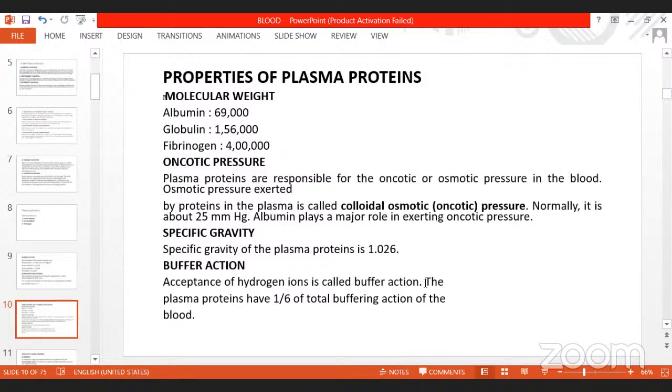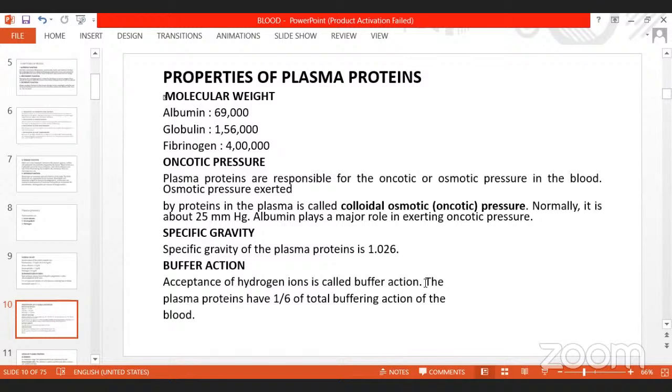And the major property is oncotic pressure. The plasma proteins are responsible for the oncotic or osmotic pressure in the blood, which is the pressure exerted by the proteins in the plasma. This oncotic pressure is also known as colloidal osmotic pressure.